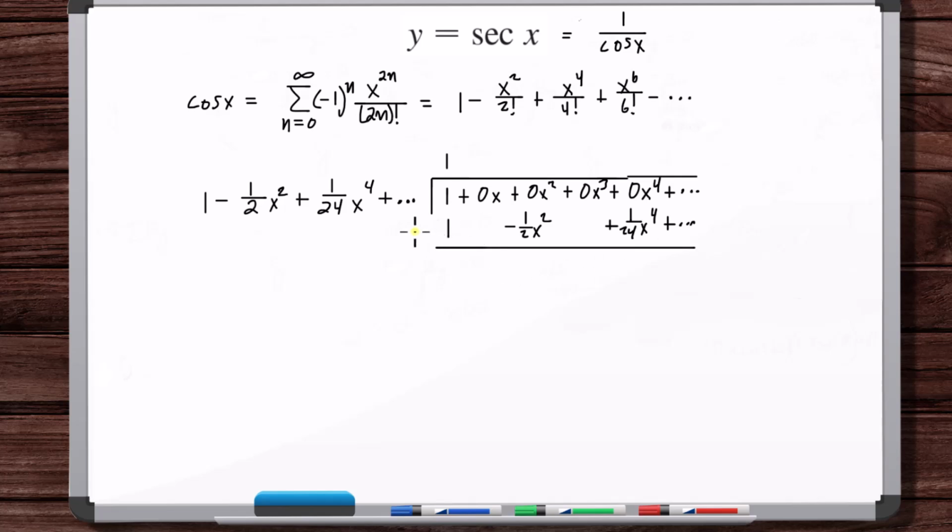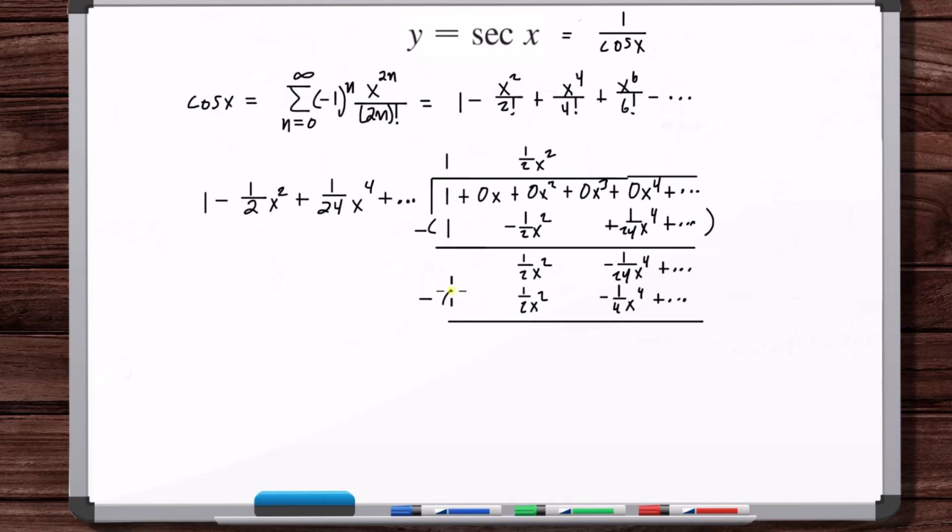Okay, you subtract these two, and this goes to 0. You have 1/2 x squared, and then minus 1 over 24 x to the fourth. 1/2 x squared divided by 1 is 1/2 x squared. So multiplying 1/2 x squared by all of this, you get 1/2 x squared and then minus 1 over 4 x to the fourth.